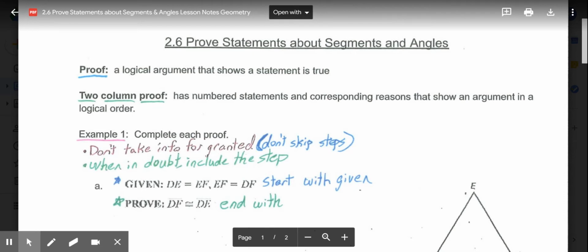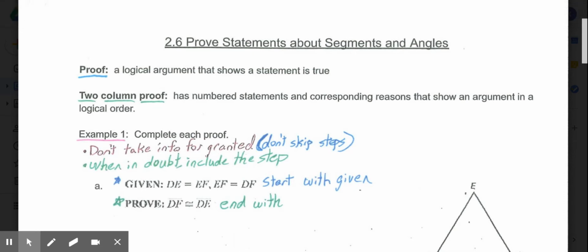So not taking information for granted means you always start with your given and you don't skip any steps along the way to your final conclusion. And what I always tell people, because there are many different ways to eventually write out detailed proofs: when in doubt, include that step or that justification.